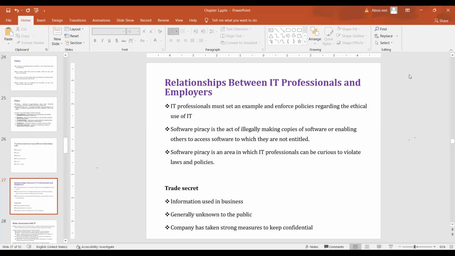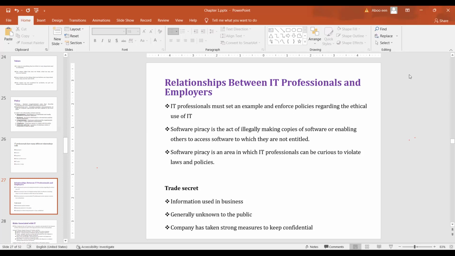So at this time, IT professionals must be properly informed about the ethical use of IT and policies. And if it happens in the organization, what is the legal remedy?